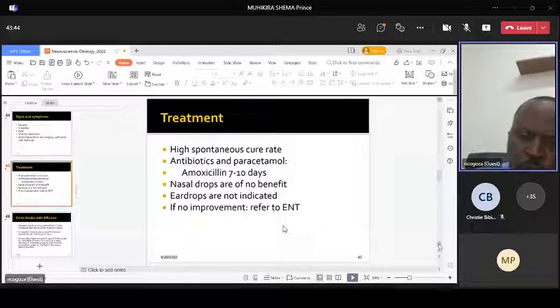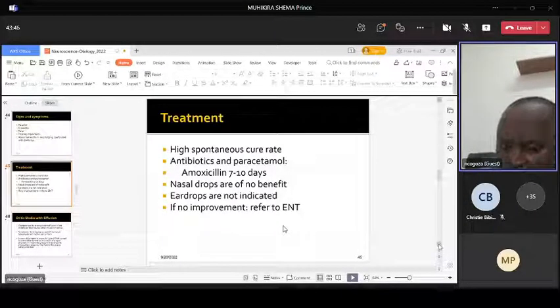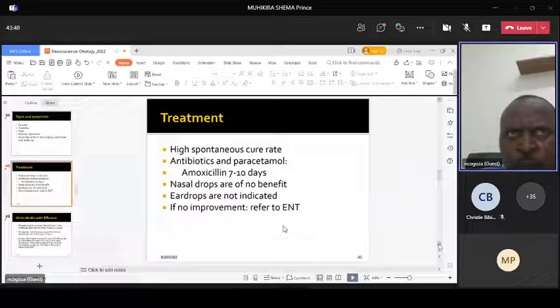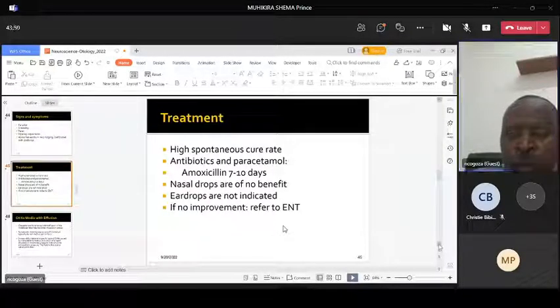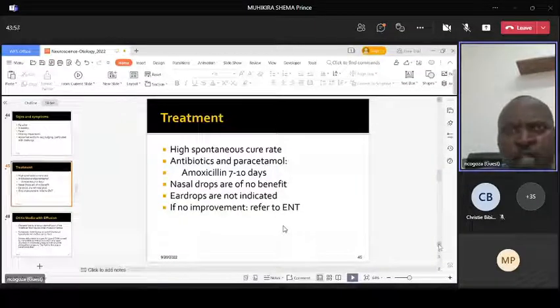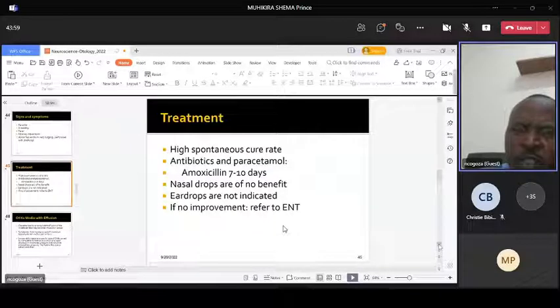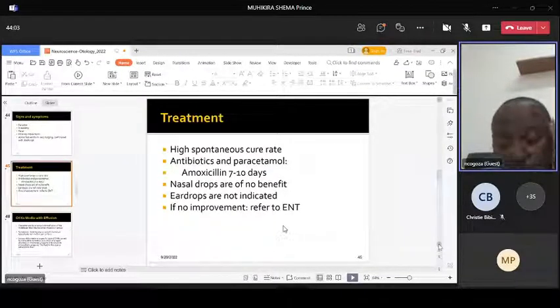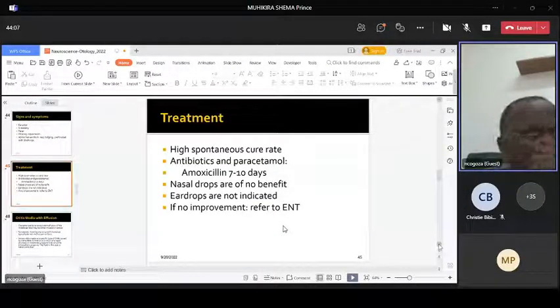Now, if you have kids with adenoids, which we are going to see later, kids with soft palate issues like those with a cleft, with a congenital malformation of the eustachian tube or the soft palate, those with chronic nasal blockage, these also will impair the functioning of the eustachian tube.